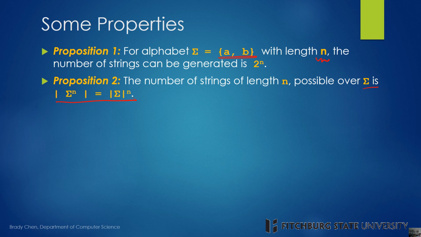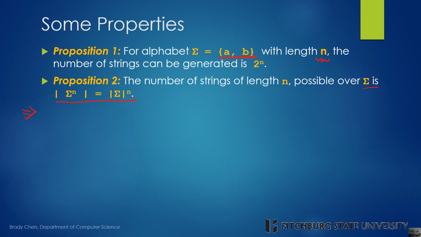Now, let's take a look at some examples to illustrate this. Now, the first one, because sigma contains two elements. Okay. Now, if you want to generate the strings of length, say, length 2, we know from the previous slide that the total number of elements that can be generated is 4, right?